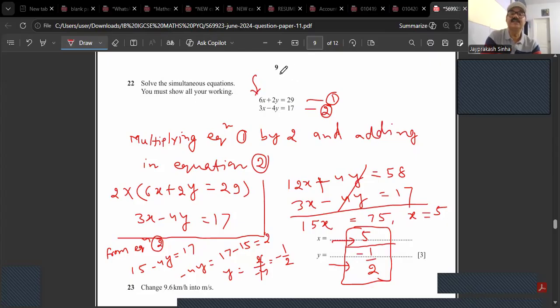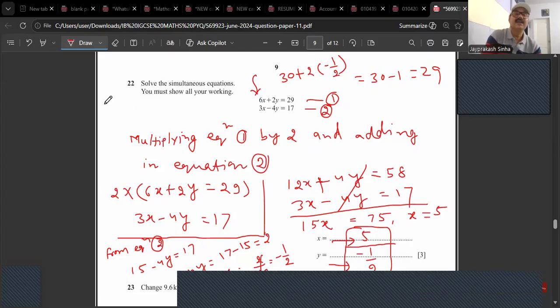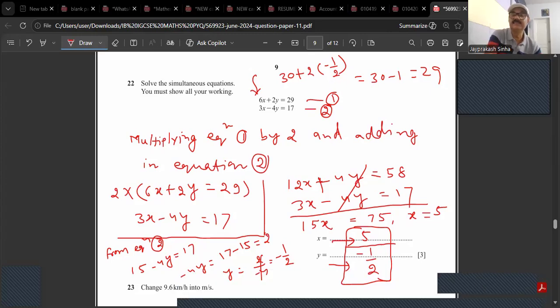So 6 into 5, 30, plus 2 into y, which is minus 1 by 2. So this will give 30 minus 1 is equal to 29. Yes, it's correct. So the answer is x is equal to 5 and y is equal to minus 1 by 2.